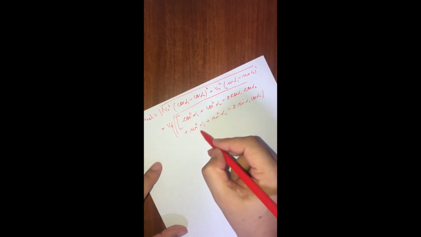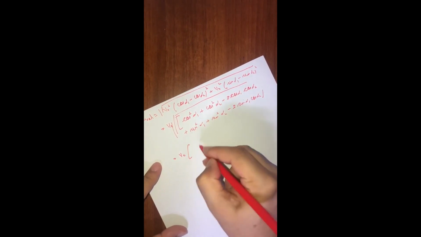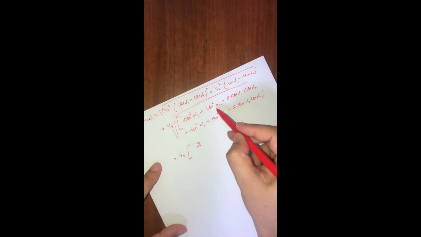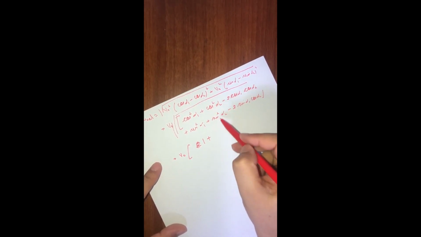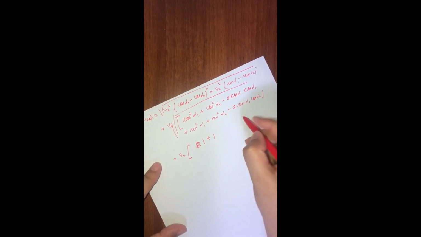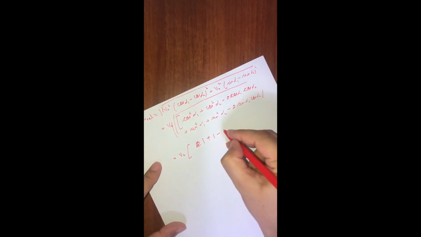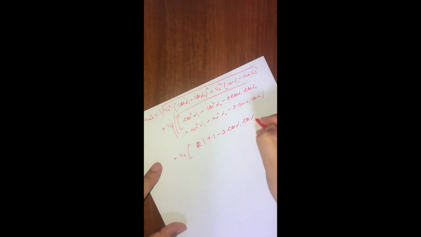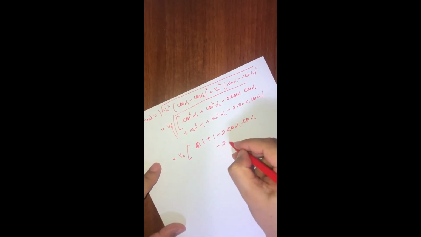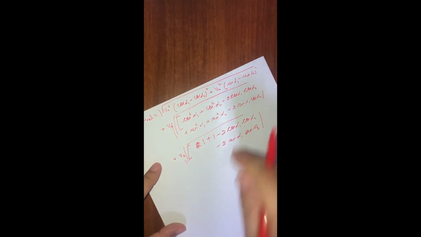Cos square alpha 1 plus sin square alpha 1 is 1, and similarly cos square alpha 2 plus sin square alpha 2 is 1, leaving minus 2 cos alpha 1 cos alpha 2 minus 2 sin alpha 1 sin alpha 2.